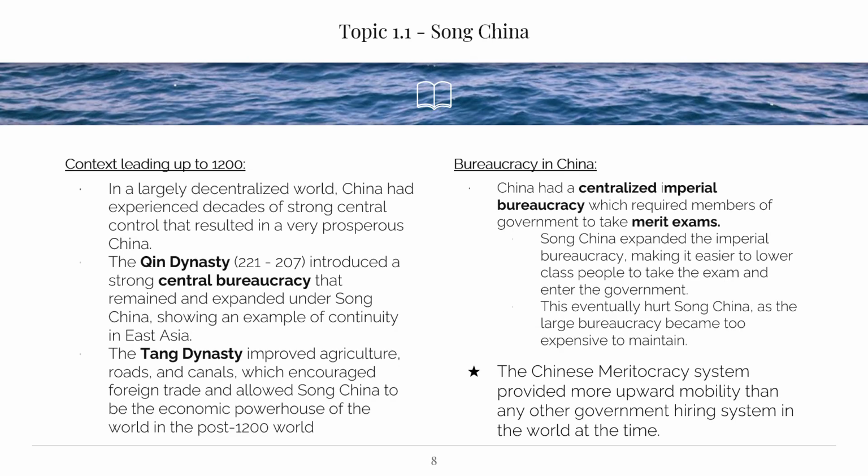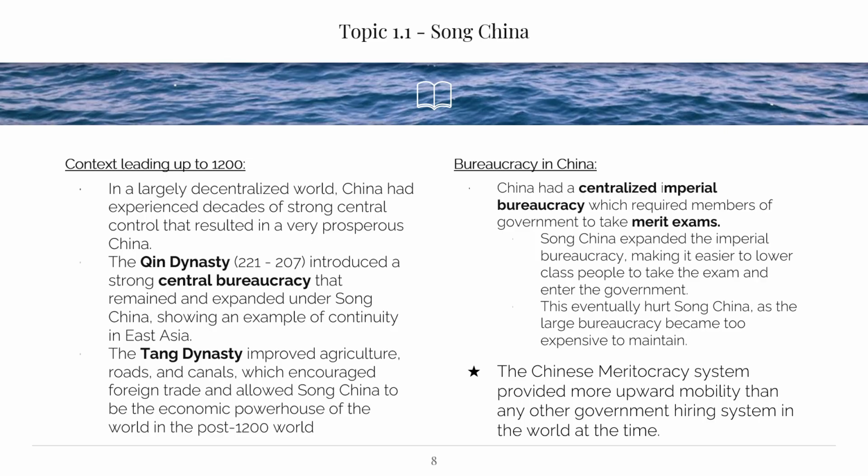Okay, so leading up to 1200, in China in particular, it was very decentralized. They had experienced decades of strong central control that resulted in a very prosperous China. The Qin dynasty introduced a strong centralized bureaucracy that remained and expanded under Song control, which demonstrated an example of continuity in East Asia.